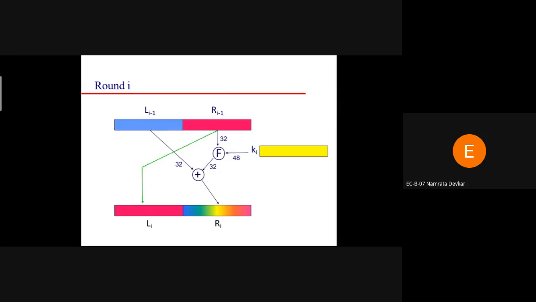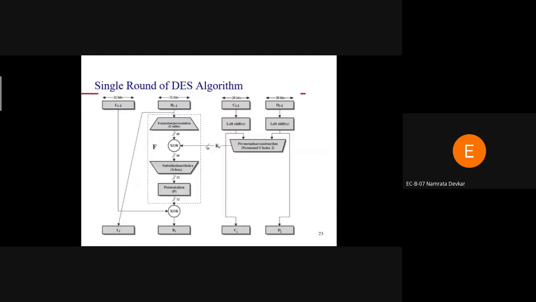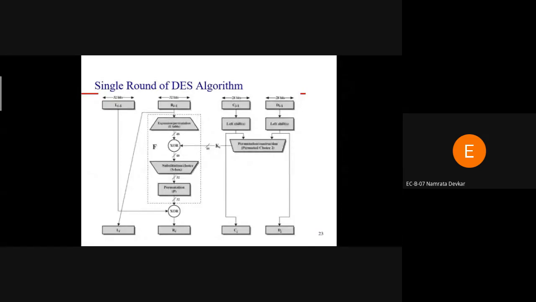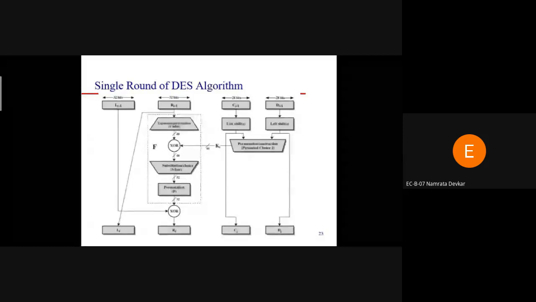This is the main algorithm of the first round, or a single round, of the DES algorithm. Once the message is encrypted in a single round, then we have to use the second round, third round, up to the 16th round. This part we'll take in the next lecture.